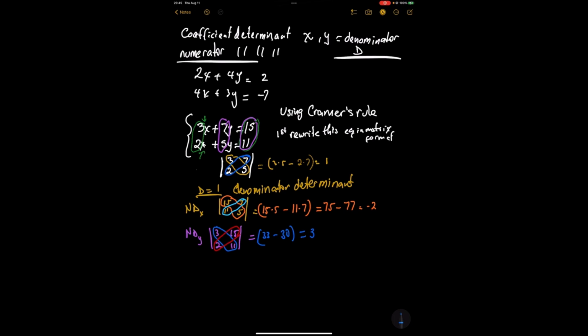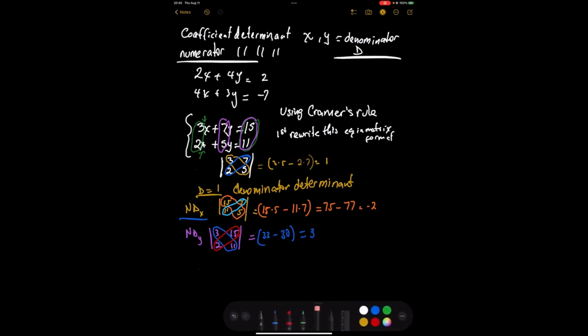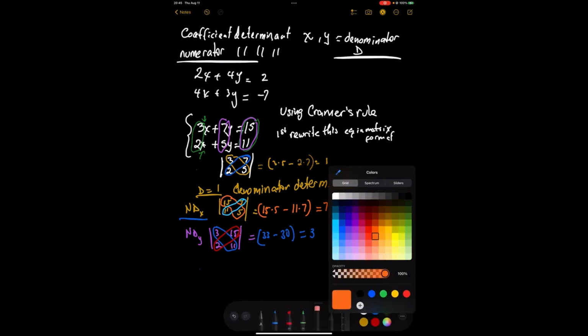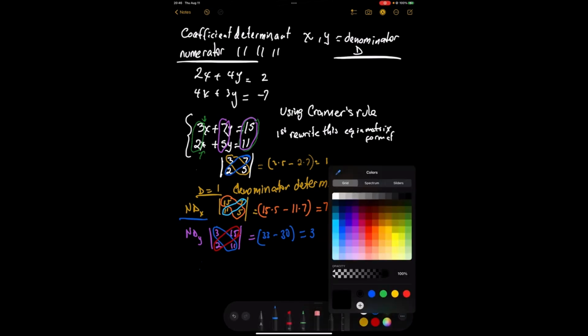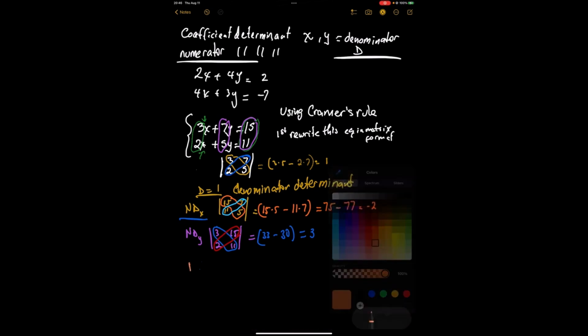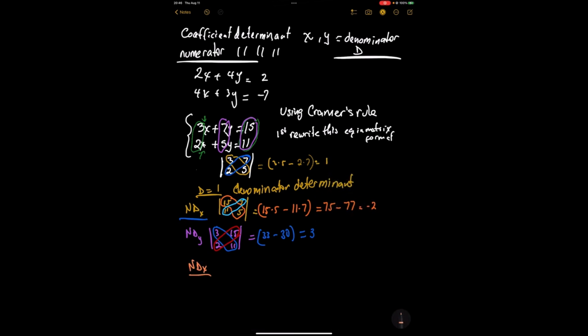We now divide NDx over D, which is the denominator determinant.